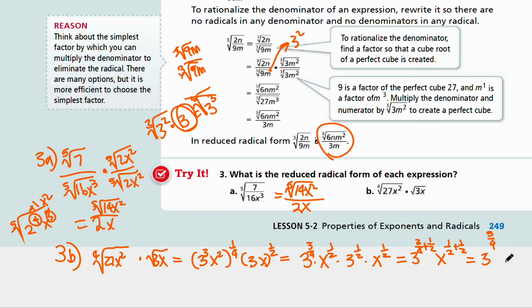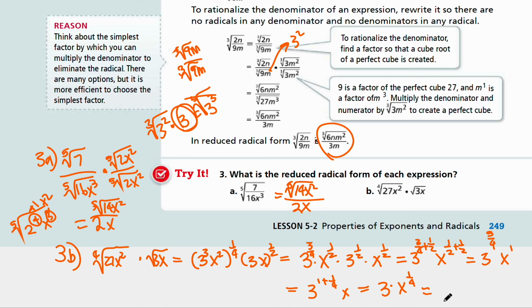So times x to the power of 1. And 5/4 means you have 1 plus 1/4. And that's really 3 times x to the power of 1/4, right? Yeah, the product power property, right?